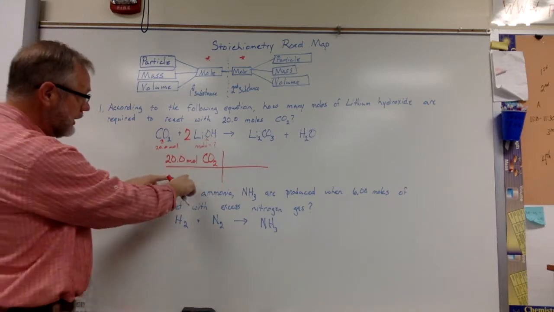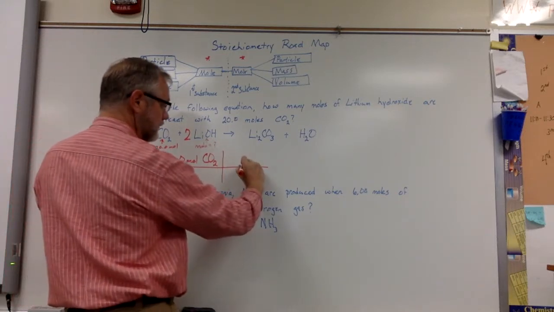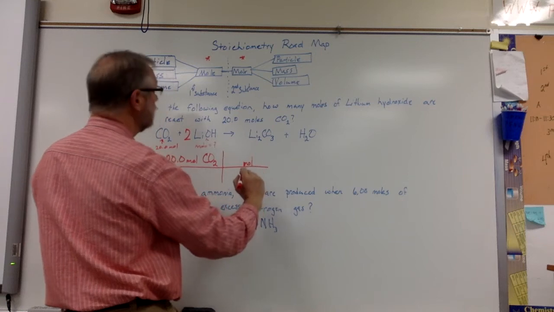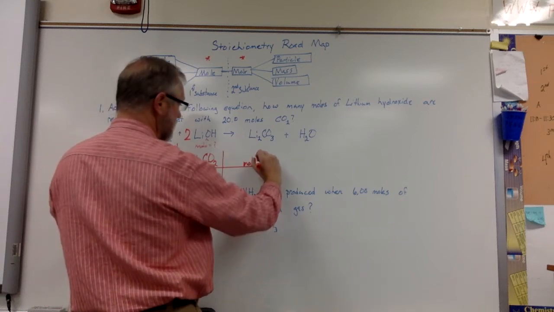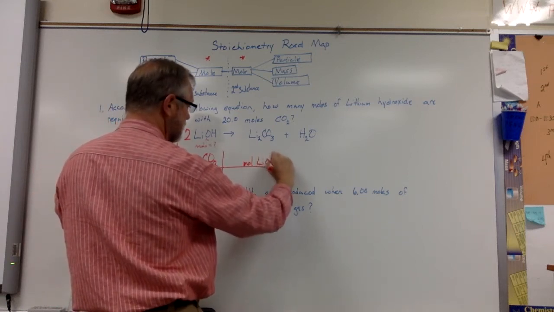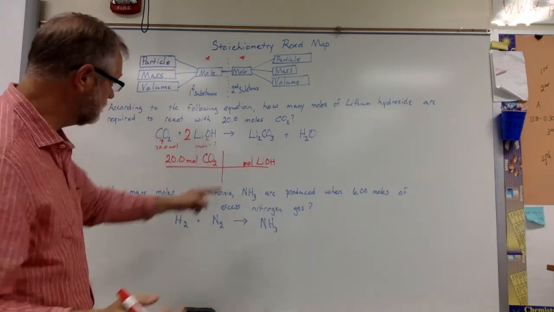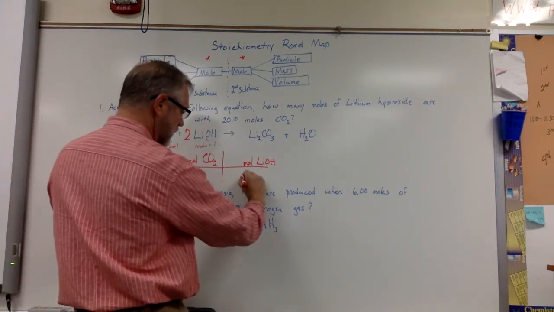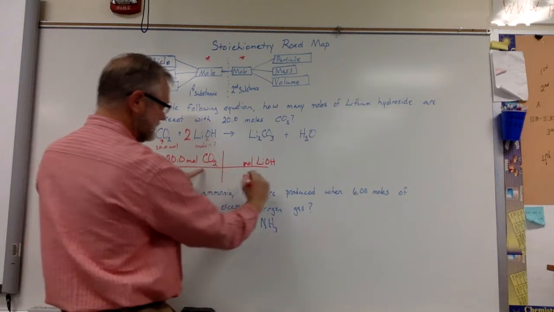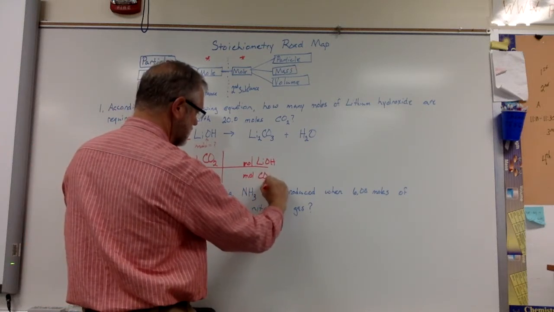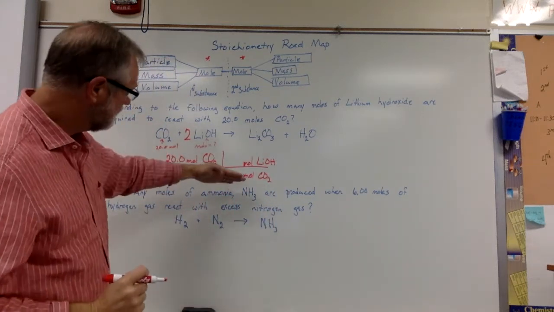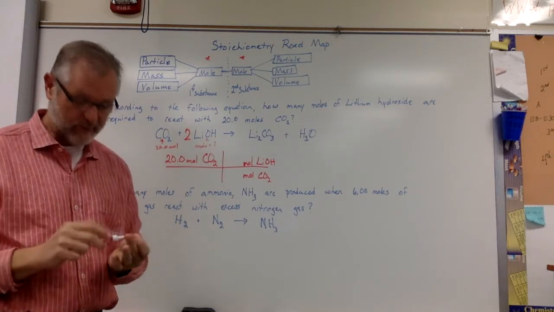So always write down what I'm looking for. So I'm going to do looking for the moles of my lithium hydroxide. What do I have to factor out? Again, we always write down the units and the substance of what it is here. Now I have a little bit of a different type of relationship.